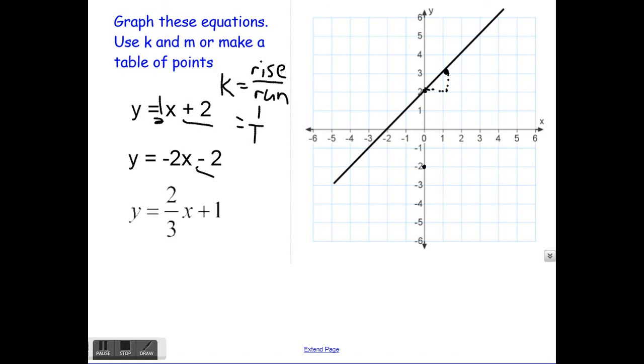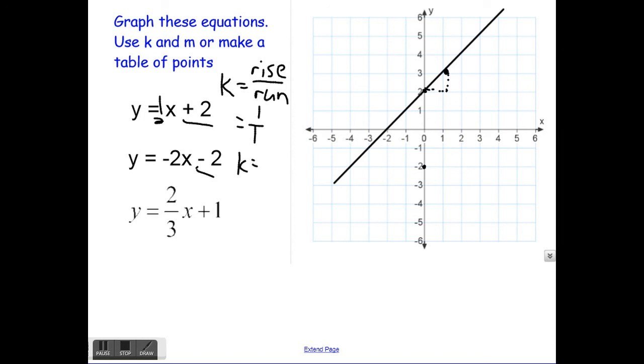So if my slope is -2, how can I write that as a fraction for rise over run? For my slope, how can I write -2 as a fraction? -2/1. Exactly. If your slope is a whole number, it's always just going to be that number over 1. You can just write it that way.